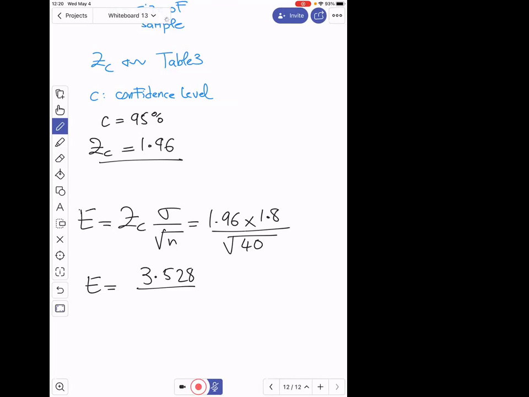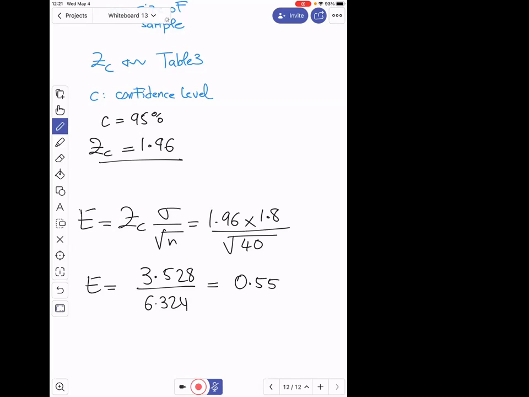Let's keep the 8, over the square root of 40, which is 6.324. And the answer is 0.557.